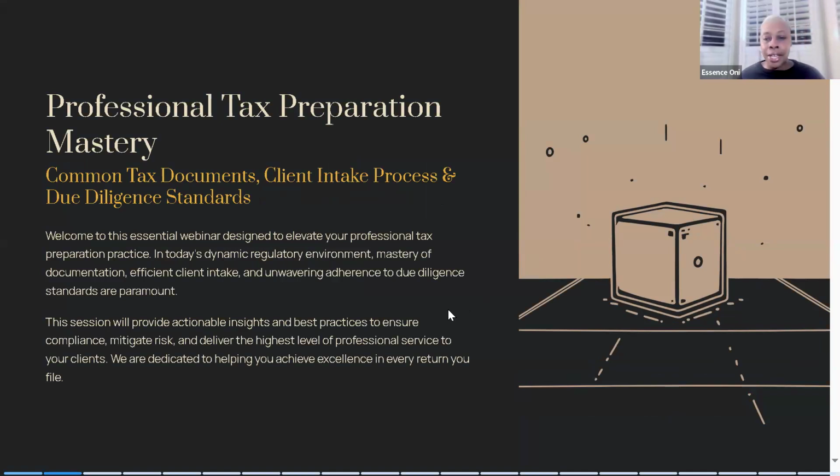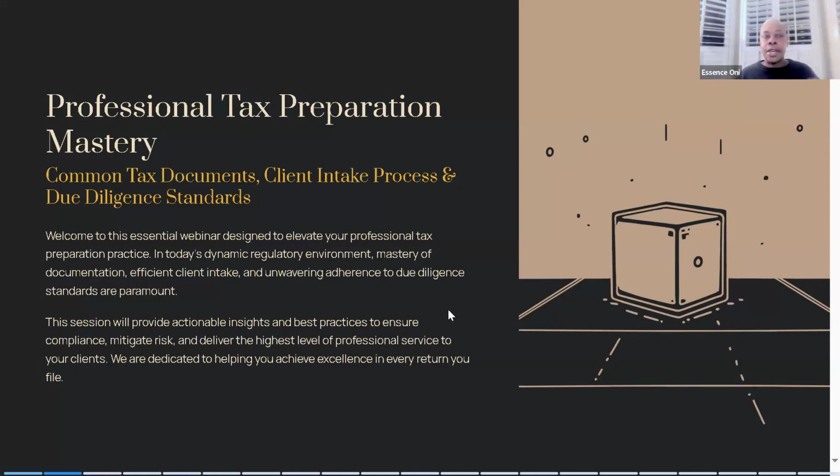There are a lot of tax documents. There is no way, of course, that I can go over every single one. Again, this course is more elaborated on in the school group, but I did pick out a lot of common forms that you can expect to see as a new tax preparer and that you just commonly see.